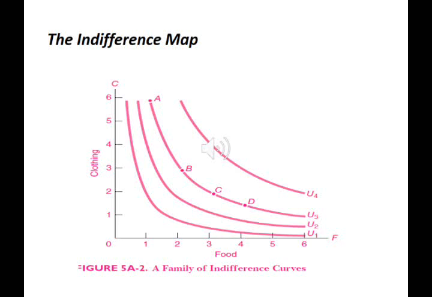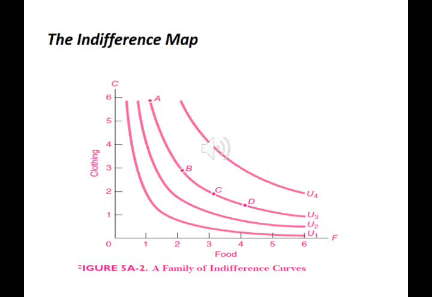So if we look at this graph, which has clothes on the y-axis and F on the x-axis, in this region we can think of hundreds of consumption bundles, but it is the consumer who will tell us which consumption bundles give him the same level of utility.